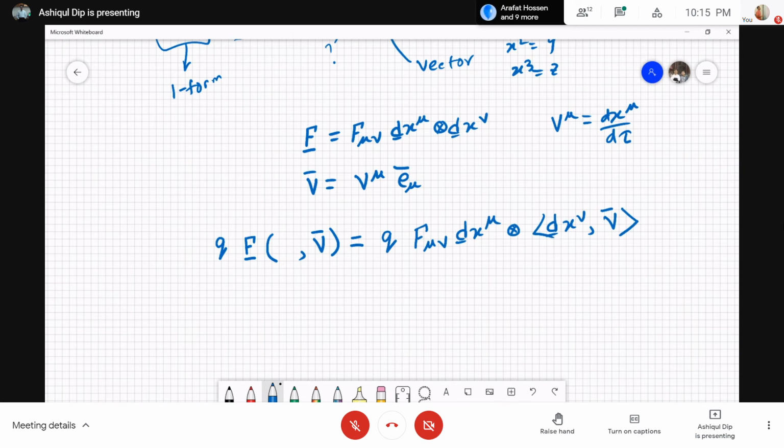And that's actually q F_μν dx^μ, and what do I get from here? Component v^ν. So now this object is obviously, as we tried to construct, linear in the components of the velocity, linear in charge, and linear in field. We are trying to identify F_μν, that's our goal.